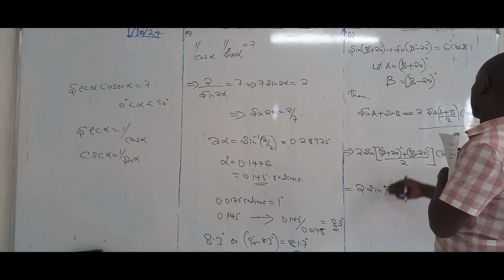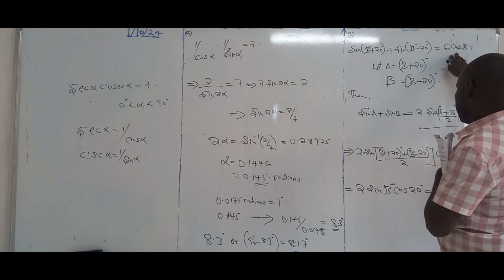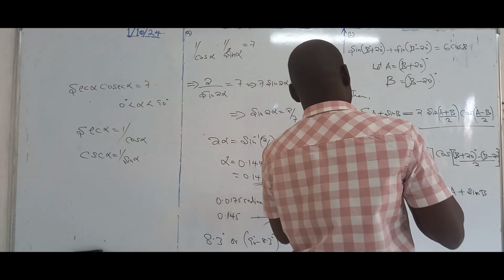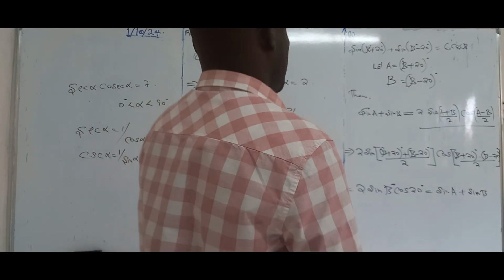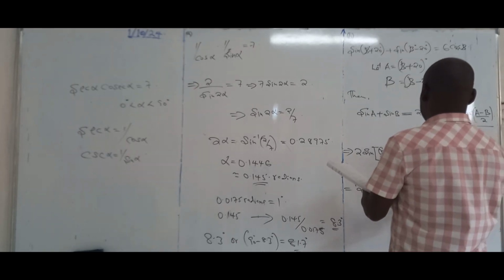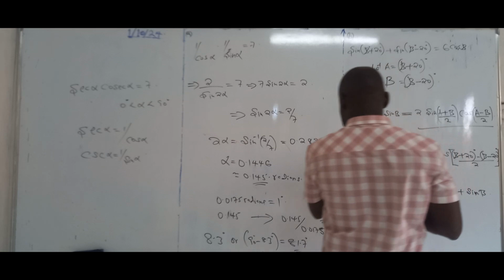Because I want to end up with the cos only, let me see what to do with this part. We have 2 sin beta, and we need to work this out until we get there.